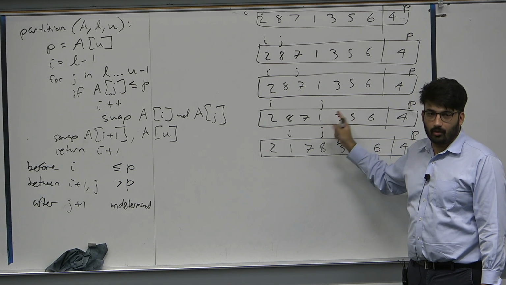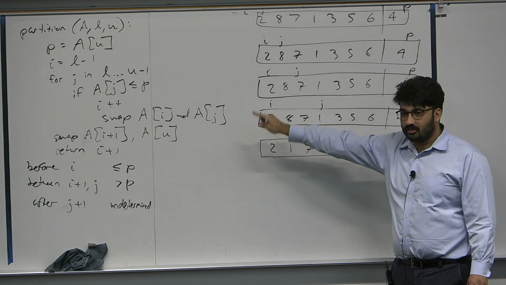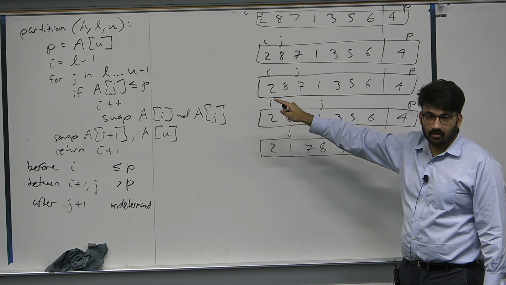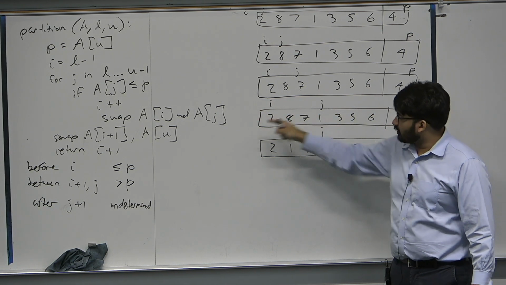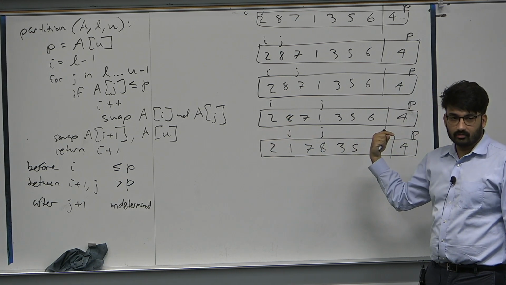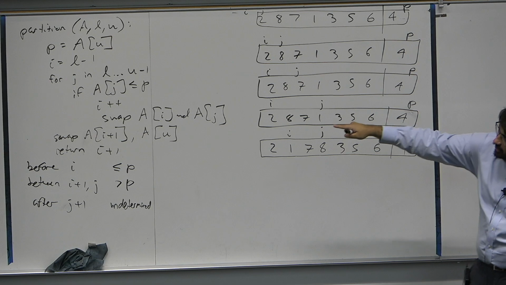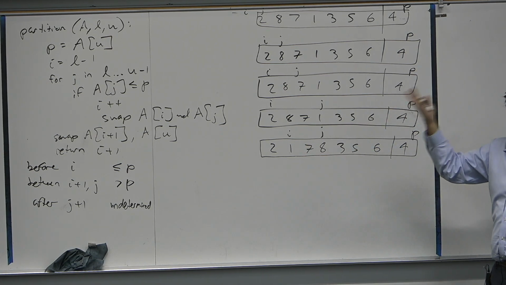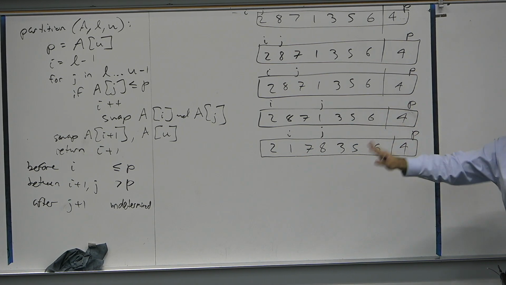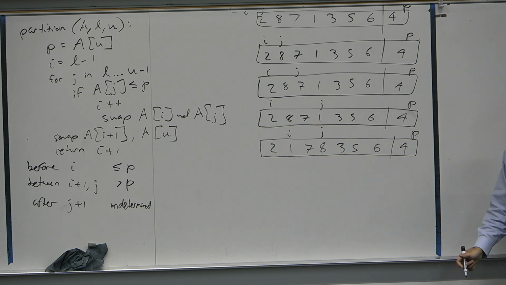Small thing past J, push it to before I, wherever I happens to be. Right? So small thing is going to go that way, big thing is going to go that way. That's going to end up with our partition nice property. We want to end up like that picture where the big things come after wherever the pivot is, and the small things come before wherever the pivot is.